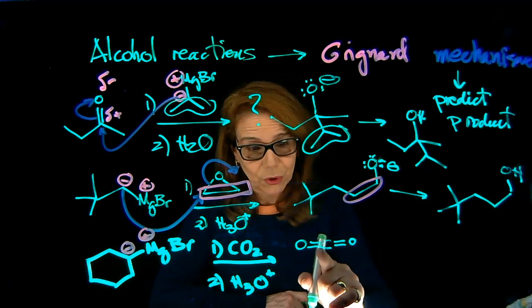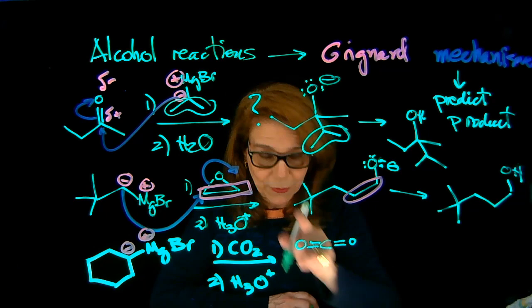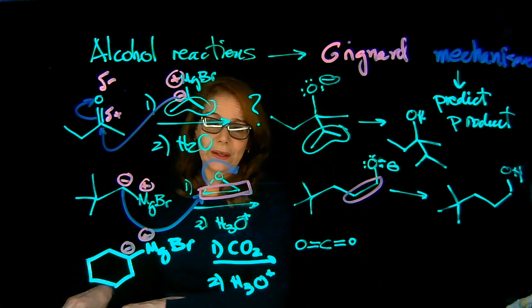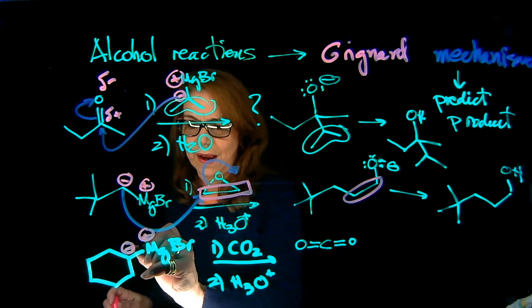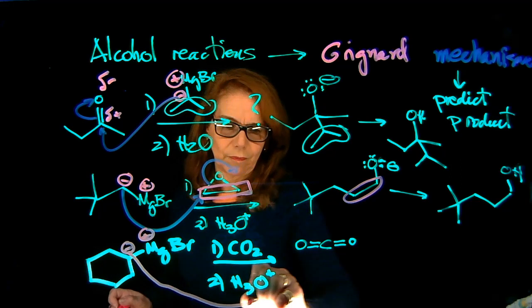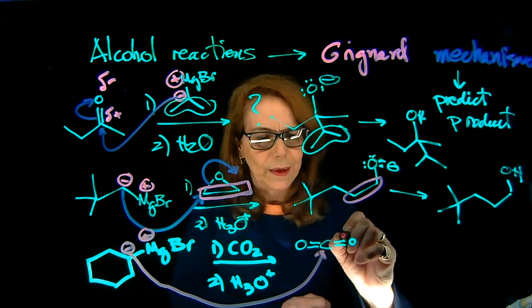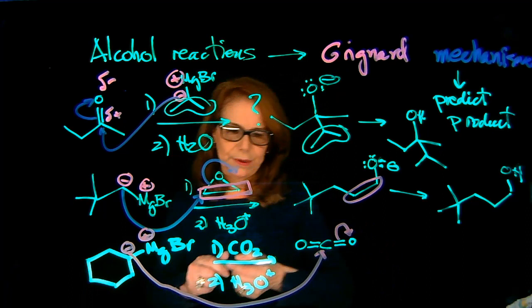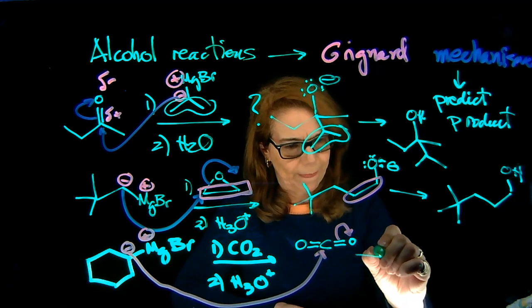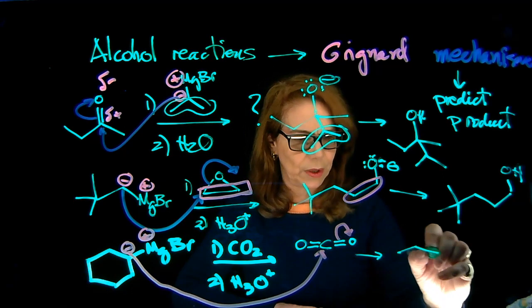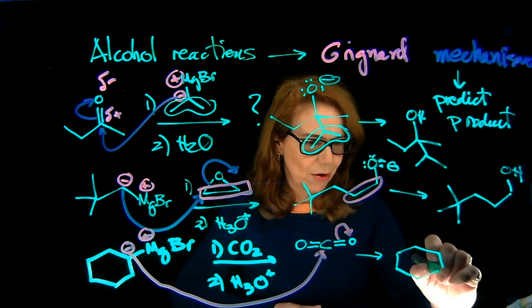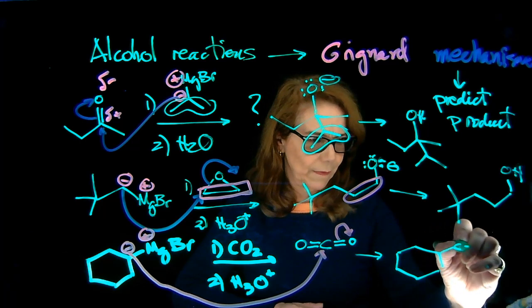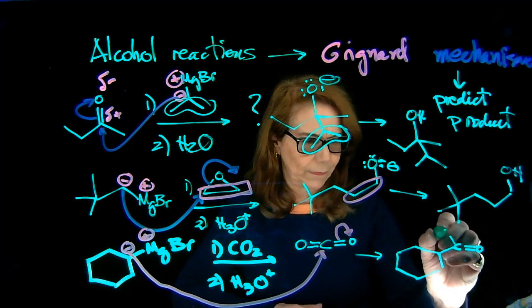And now again, you know that the electrophile is that carbon. So let's do the nucleophilic attack. So over here. And you will need to open that up, the carbonyl. So you will form the following. You will have phenyl, and now you have this.